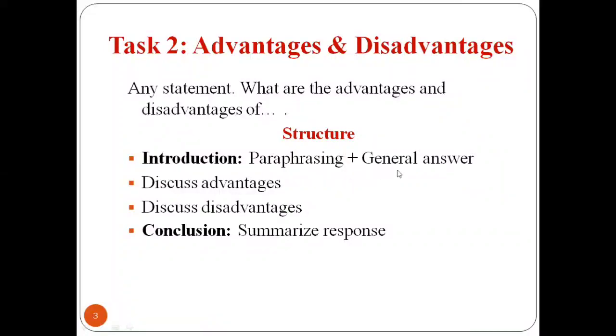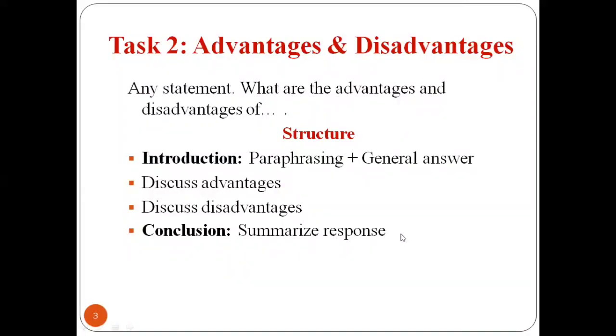So this will be your 2-sentence introduction. Then you will discuss the advantages in the first body paragraph and disadvantages in the second body paragraph. And finally, you will summarize your response by writing 1 sentence which covers the whole body paragraph.